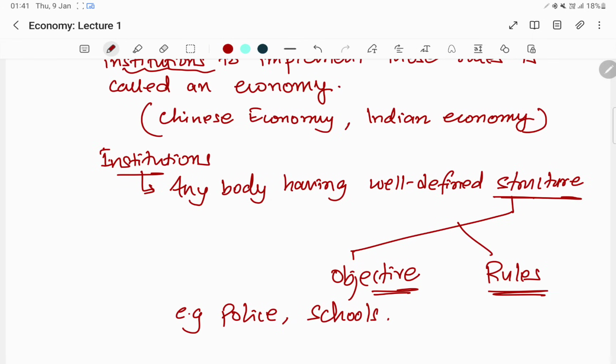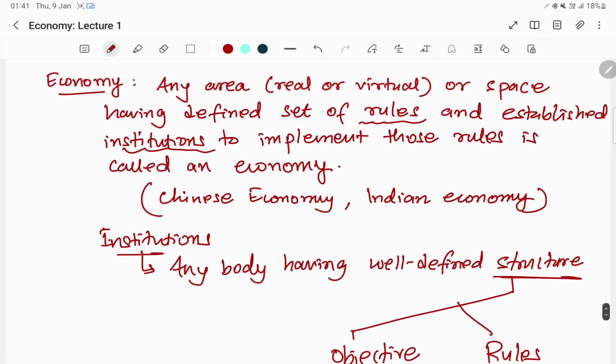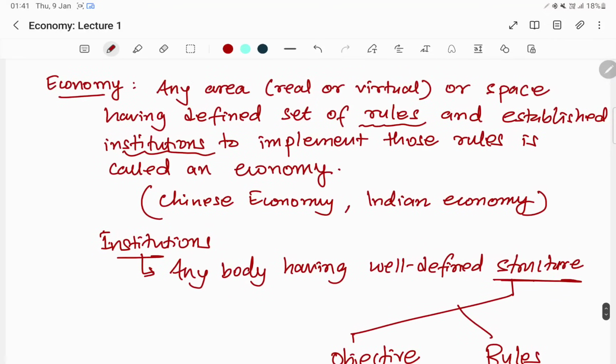So once again we come to the definition of economy: any area. So economy is related to area: China, India, global economy, US economy, right? So any area, real or virtual, or space having a defined set of rules. Virtual means, for example, right now what we are having, the online classes.